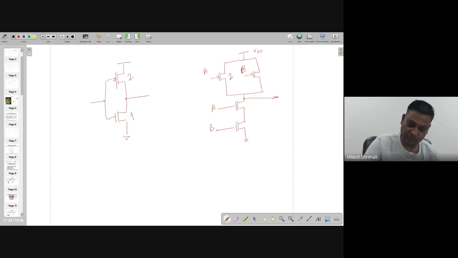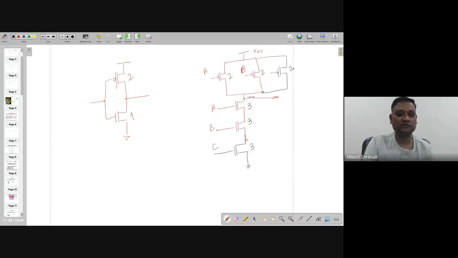The two NMOS in series have to be 2 each as well, because two in series of 2 give effectively 1. Similarly, if it is a 3 input gate, all the NMOS have to be 3, so that 3 in series gives the equivalent of 1. Here all the PMOS are already in parallel, so they will be 2, right?